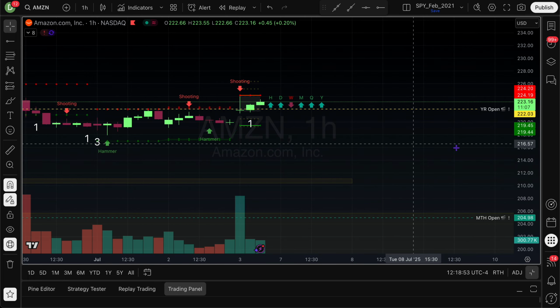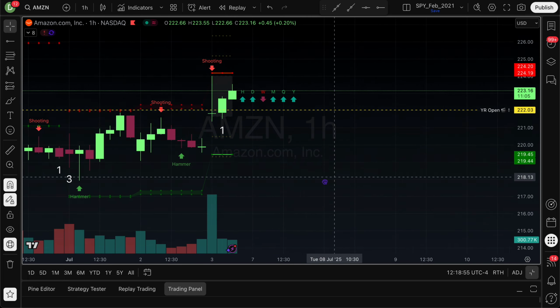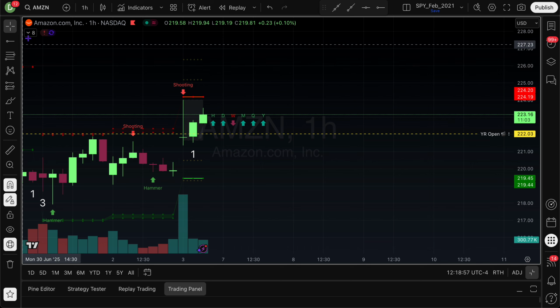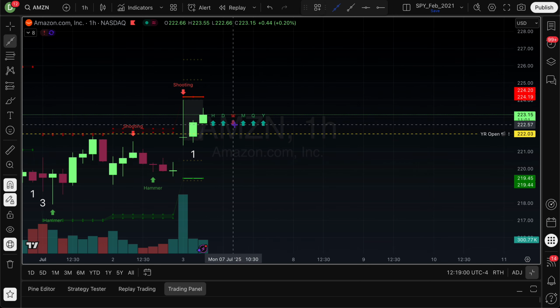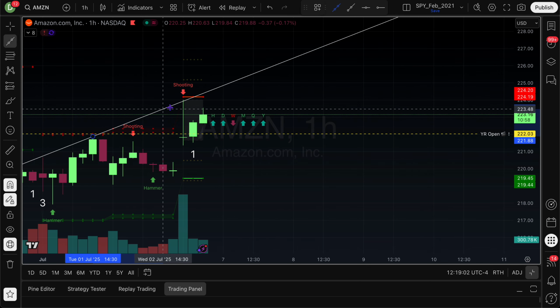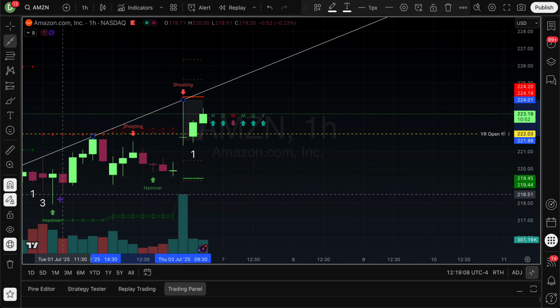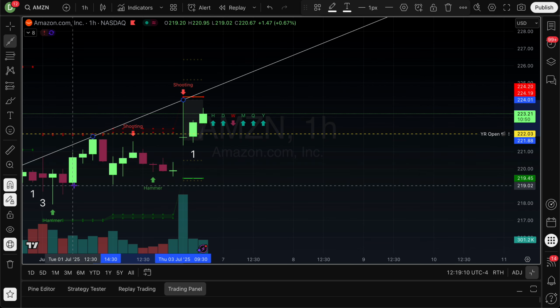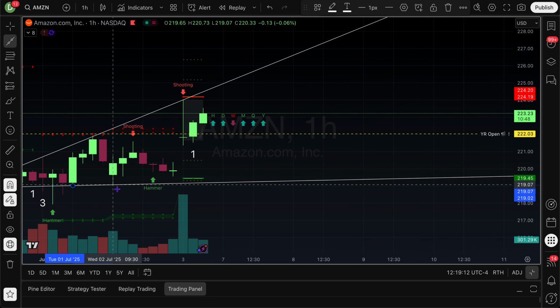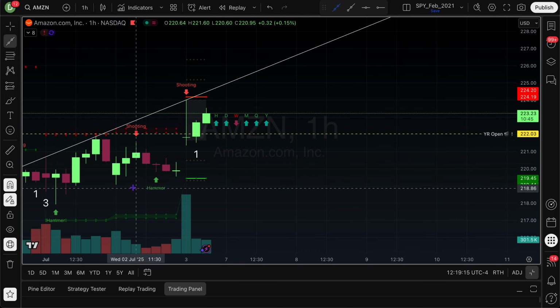So the hour. So what are we looking for? Higher highs? Lower lows. I wish that were a lower low. That's okay. It's barely lower, isn't it? Oh no, it's a tiny bit higher.